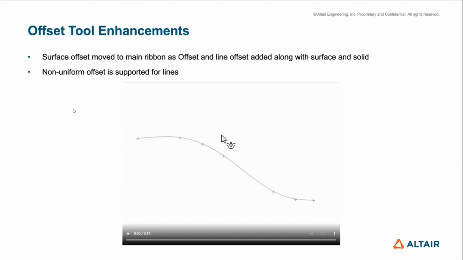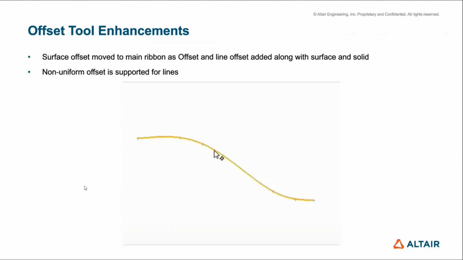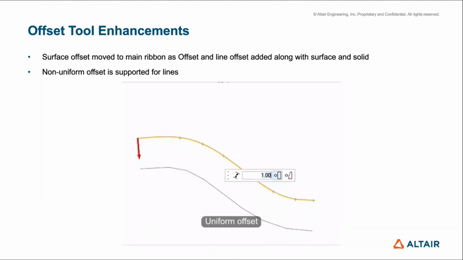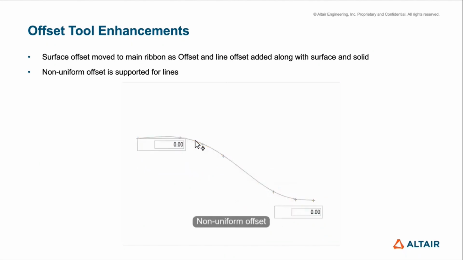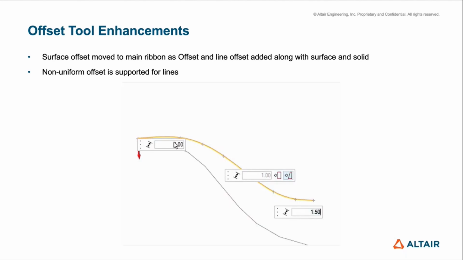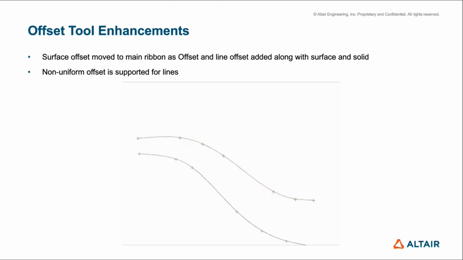On similar lines, we do the same thing for the offset tool of lines. Since we added the line offset tool, we kind of separated it. Previously the offset tool was under the surfaces, but now the offset tool is on its own, moved to an actual ribbon, and all the surface and solid offset have been moved under this offset along with the line offset.